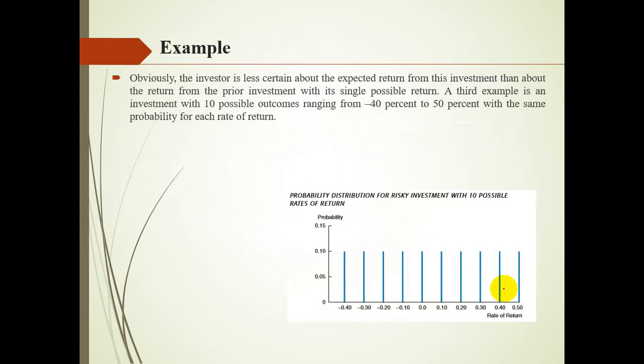Suppose another example is given that you will do yourself, how to calculate if other risk is given. Suppose it gives 10 possible outcomes.